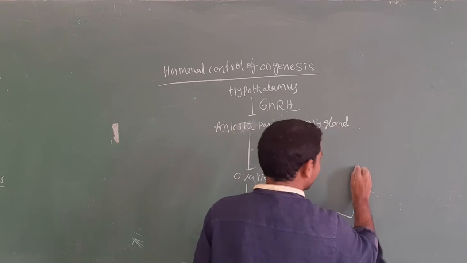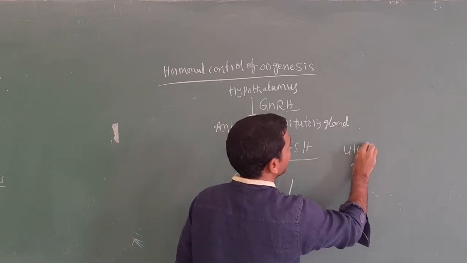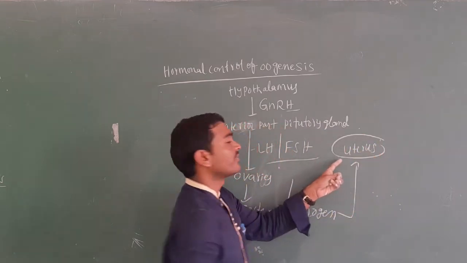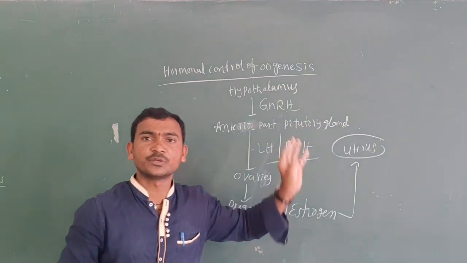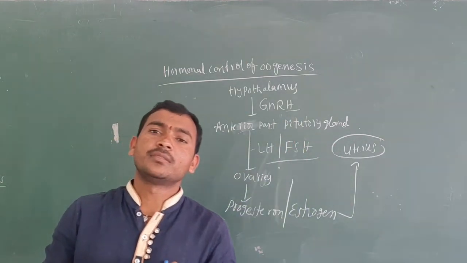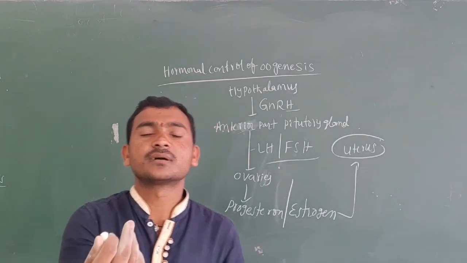This progesterone and estrogen act on the uterus. Due to this effect, finally the oogenesis takes place.